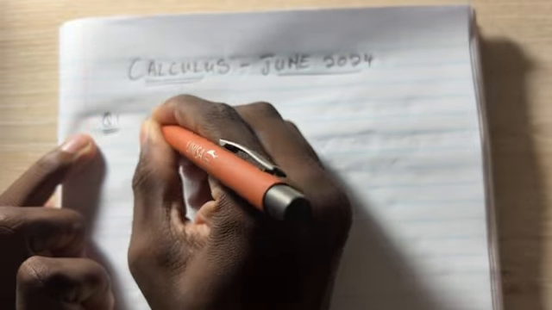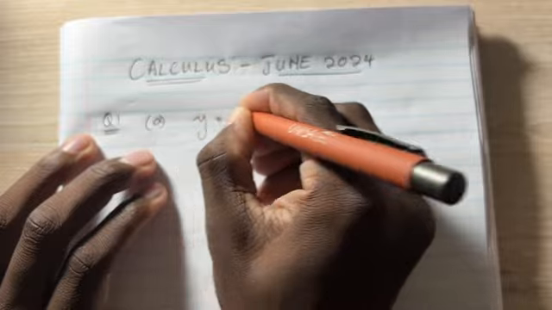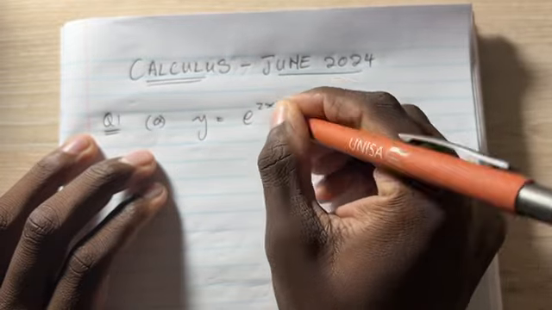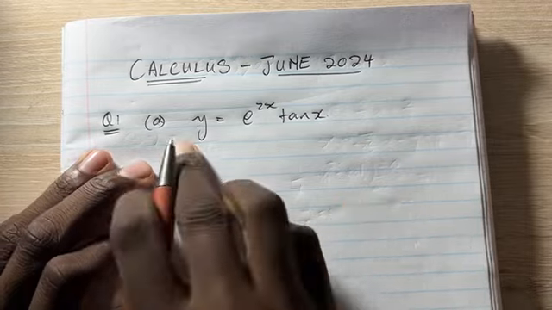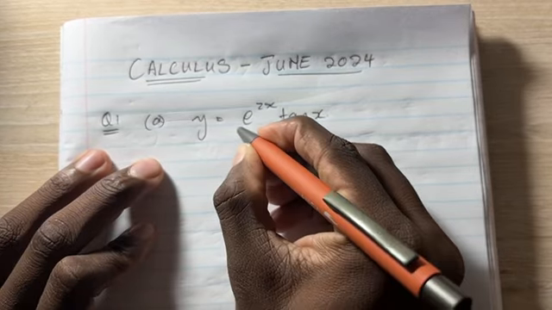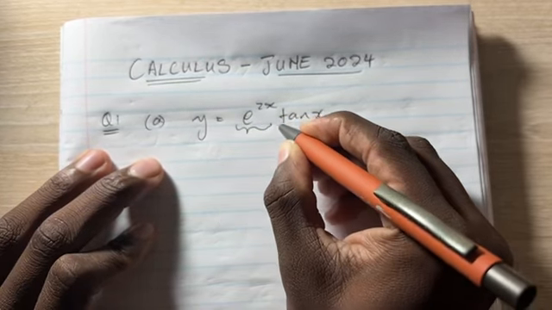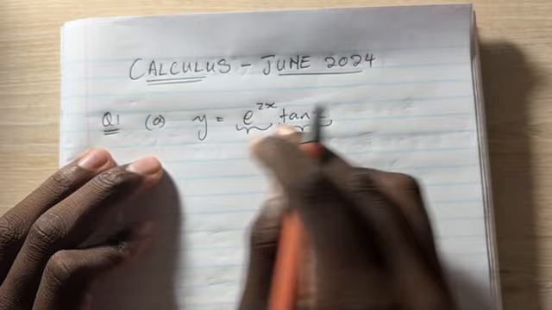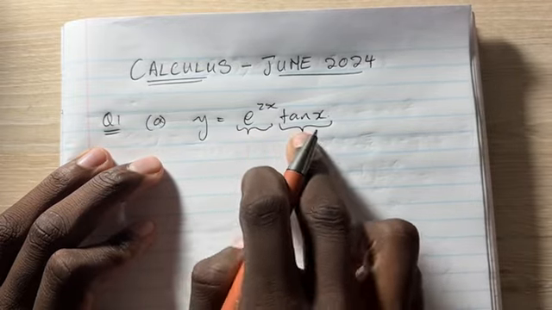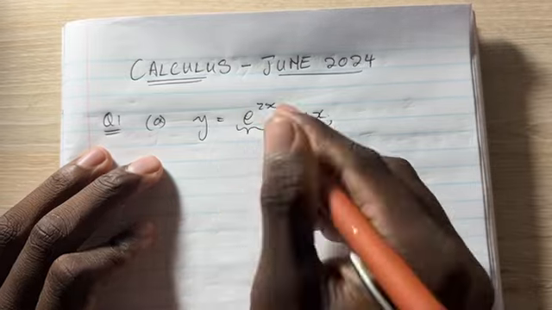A, it says we should differentiate y equals e to the 2x tan x. Okay, to differentiate this, we first have to see that this is one function, this is a second function. Since we have two functions that are multiplied with each other, we have to use the product rule.